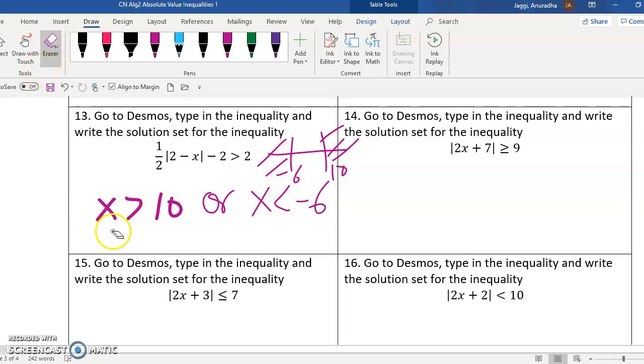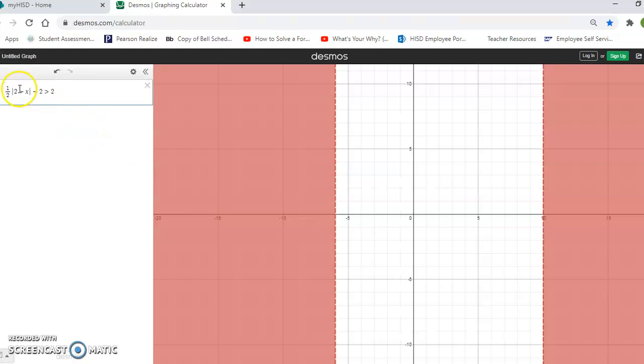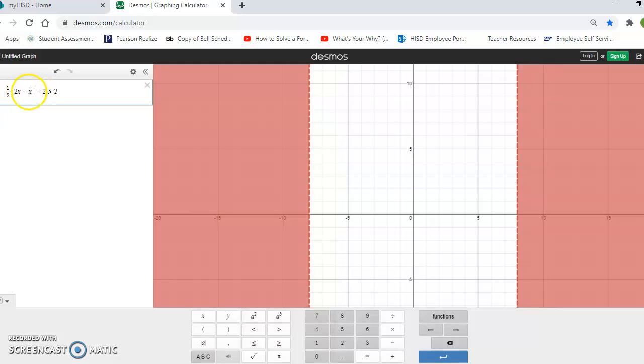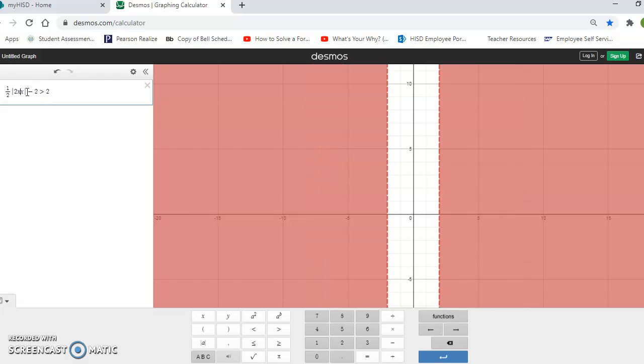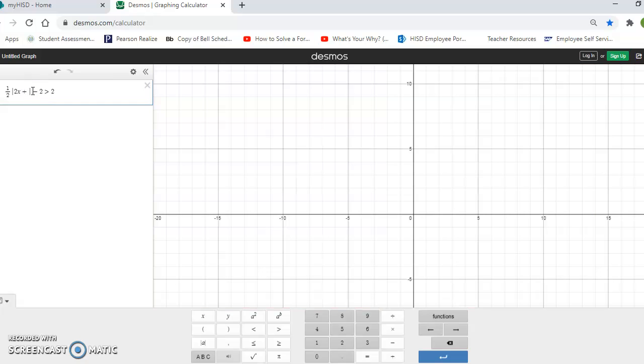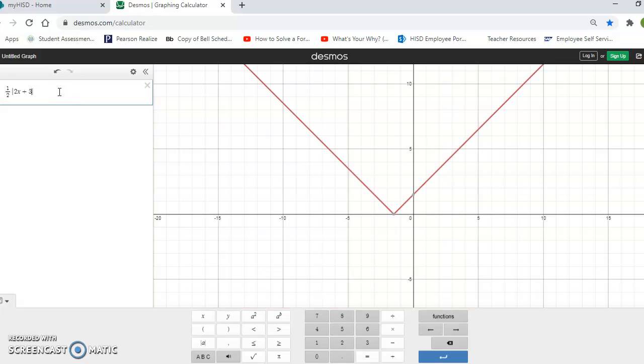Similarly, let's do the next one, which is go to Desmos and type in the inequality 2x plus 3 is less than or equal to 7. So I'm going here, 2x plus 3 is less than or equal to.